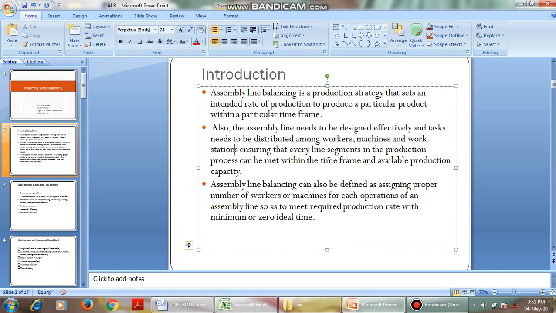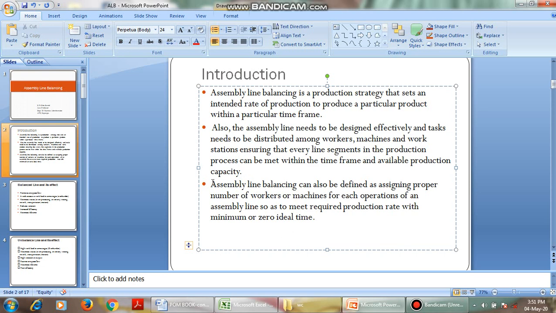We will relate these workers, machines, and workstations, and try to reduce the time period without any delay. That is, we will check there is no wastage of time period. Okay, let us see the next.